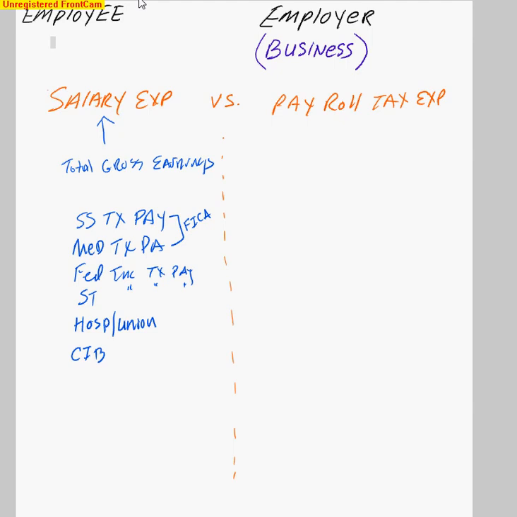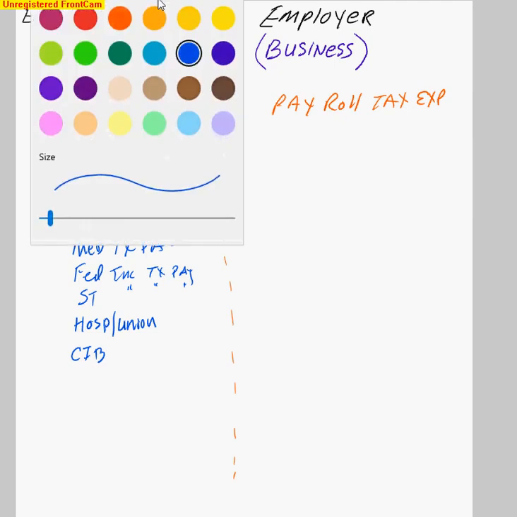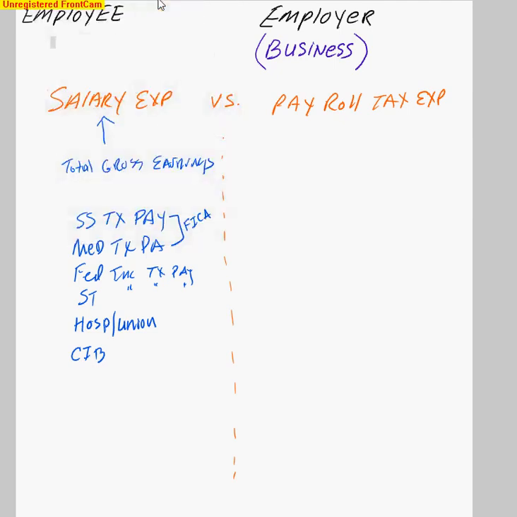Now, there's a couple taxes that the employer will pay also, and the employer matches what the employee pays in the FICA. So that's the Social Security and Medicare tax pay. Okay? And then there's two other taxes that the employer is going to pay that the employee doesn't pay. Now, for the sake of the book, that's the rule. I'll explain that in a second.